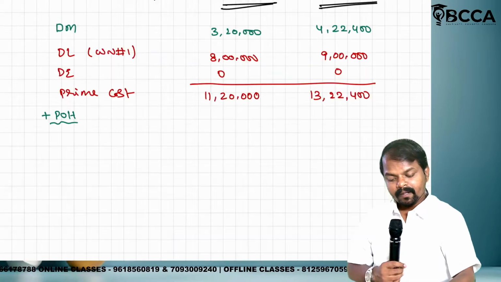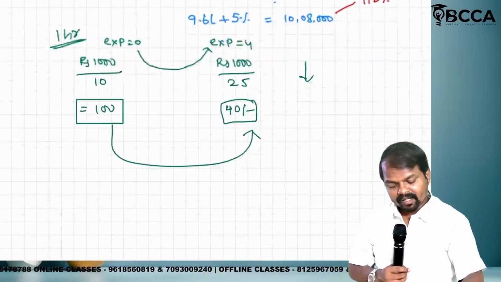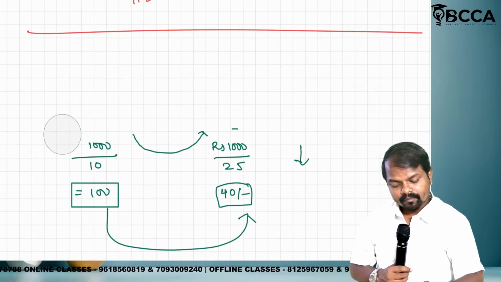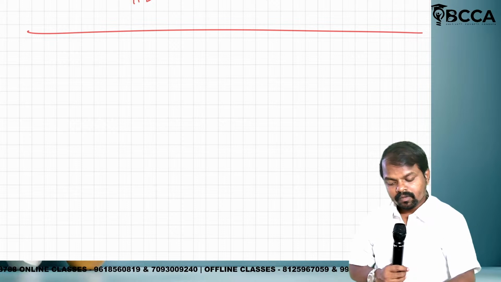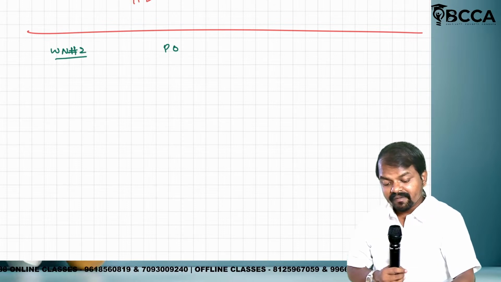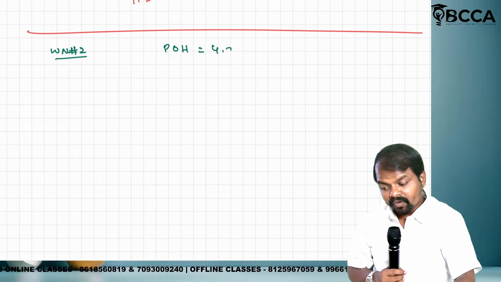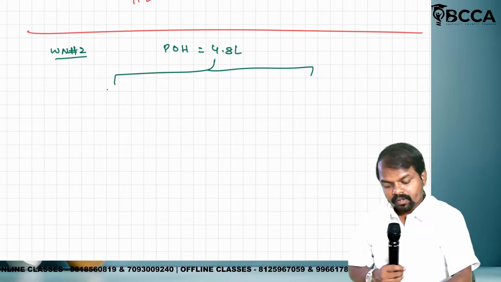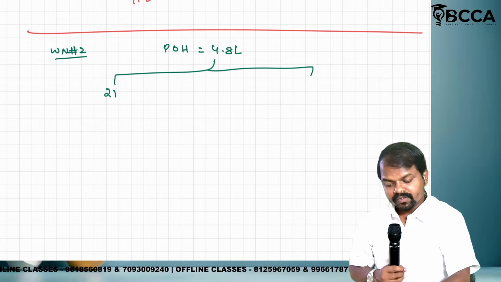We will go to the working note and then you will easily understand. Working note number 2. What is the POH given in the question paper? 4,80,000, for 21-22.